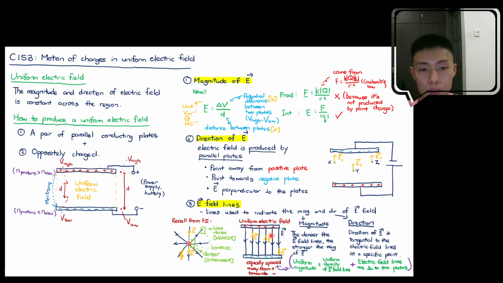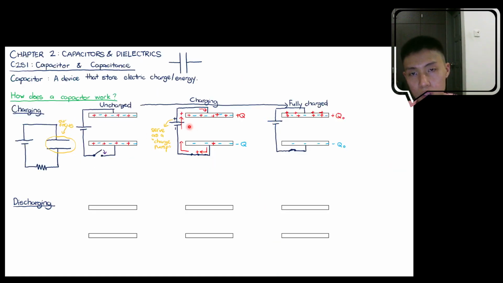Using that idea, when positive charge accumulates on this plate and the loss of positive charge results in accumulation of negative charge over here, there will be a potential difference across the two plates. This one will be V high, and this one will be V low.